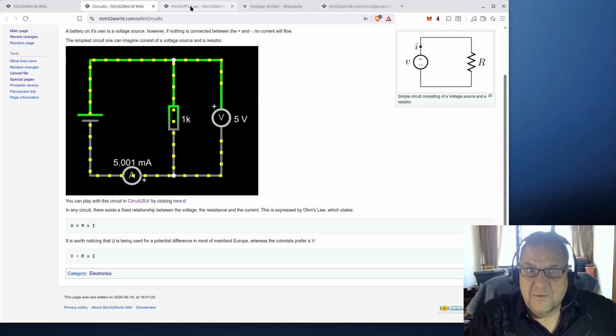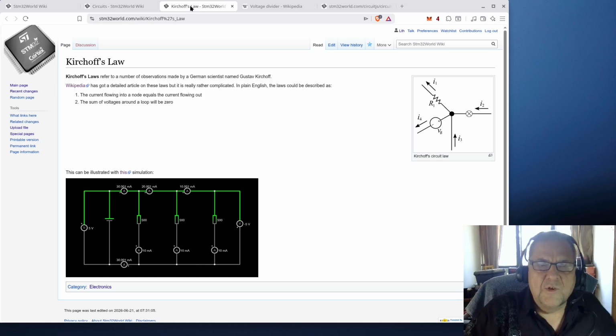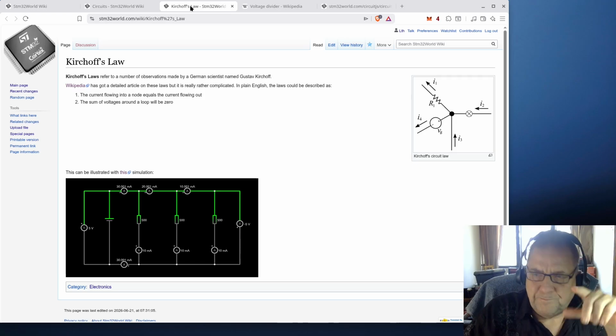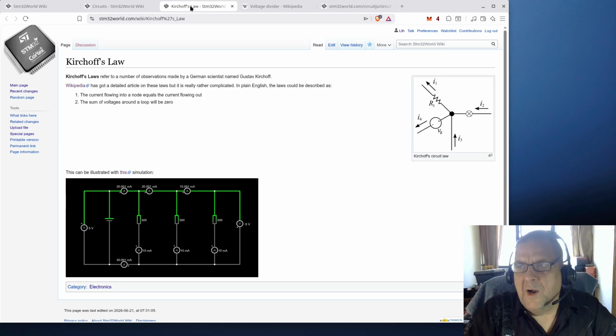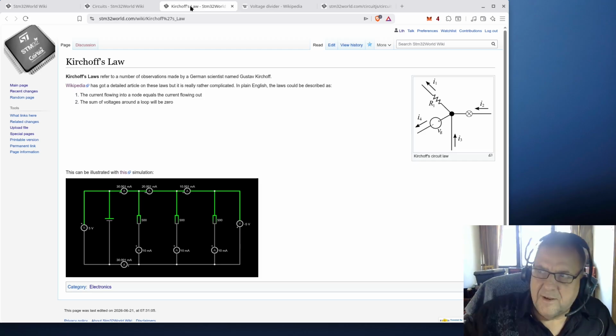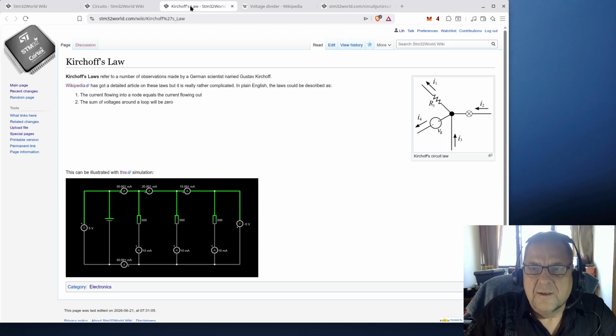In the second video, we got a little bit more abstract and talked about something called Kirchhoff's law, which basically says that for every node in a circuit, the same current flowing into that node must flow out of that node, or the voltage around a circuit must end up being zero. So that was Kirchhoff's law.